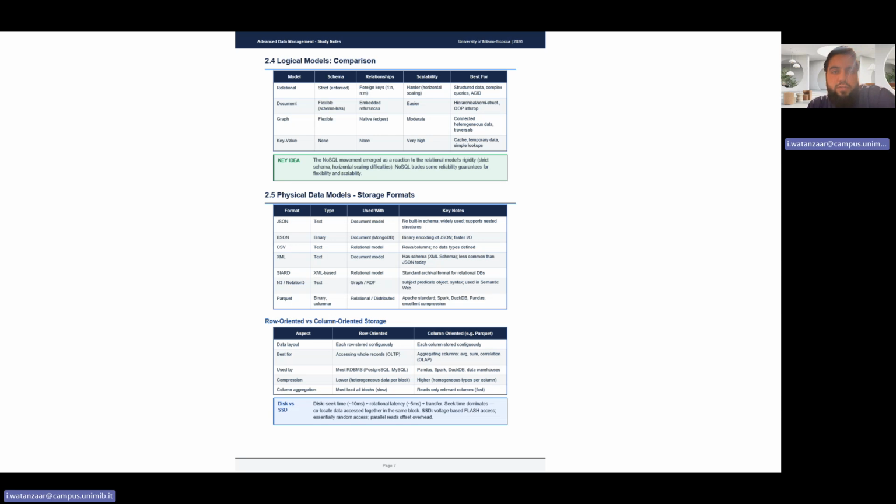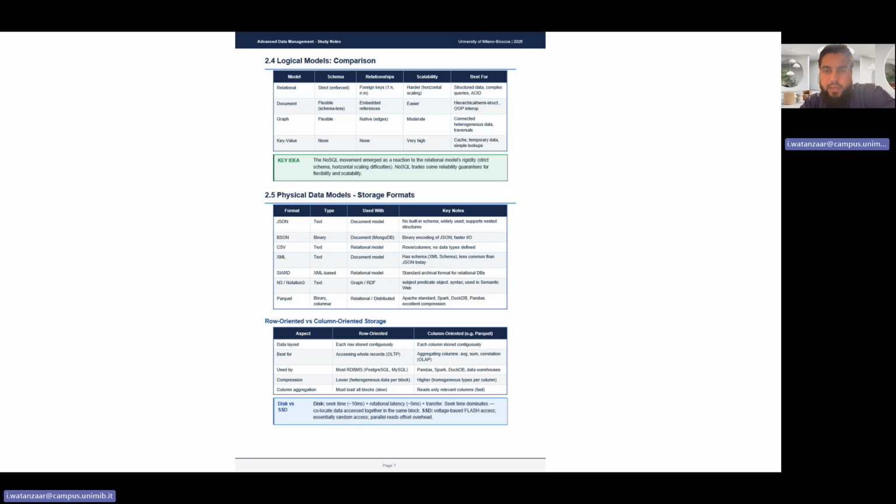If we see here, the first one, the relational model, is strict or enforced. We said rigid, because the schema is predefined in the relational database management system, RDBMS. Relationships work on foreign keys, one to many and many to many; we already discussed the modeling strategy. Scalability is harder. It is best for structured data and complex queries in ACID.